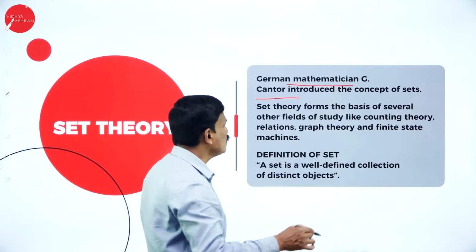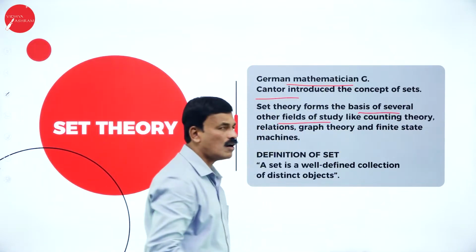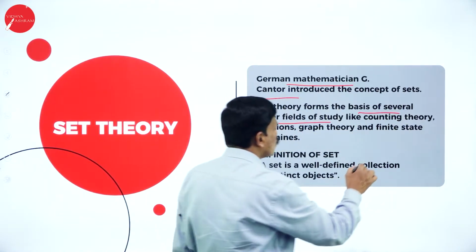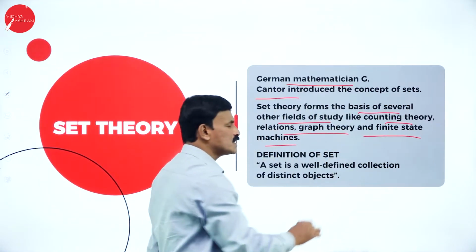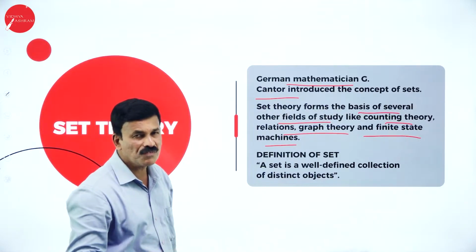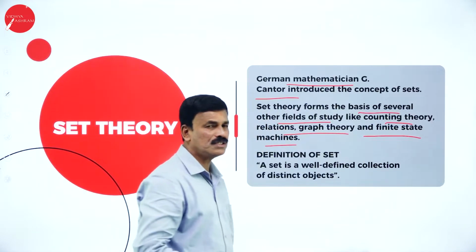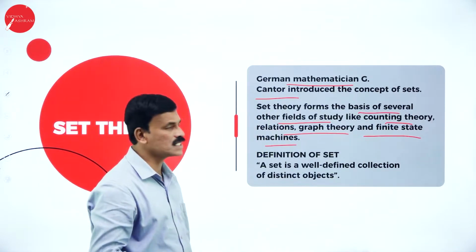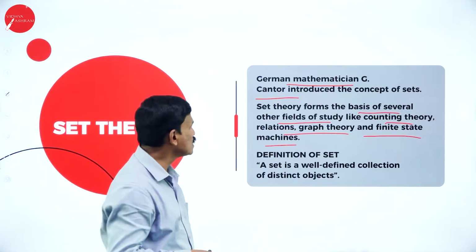This set theory forms the basis for several other fields of study like counting theory, relation, graph theory and finite state mechanics. All these concepts are studied with the help of these sets.